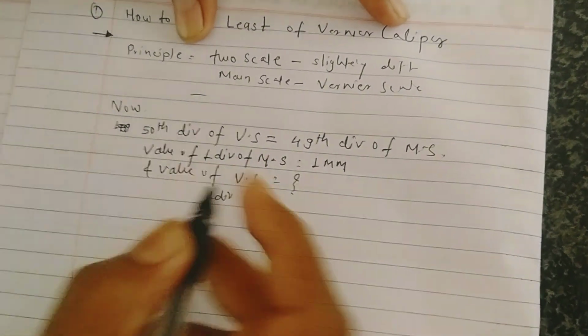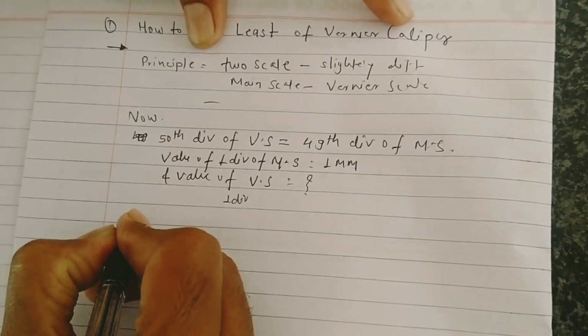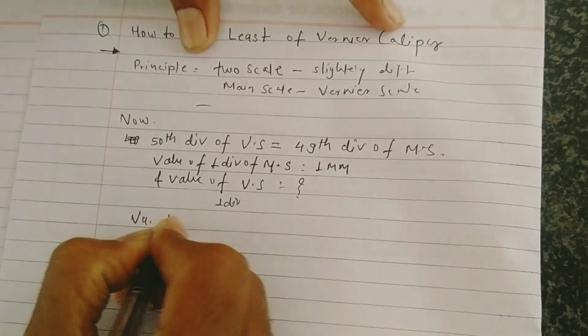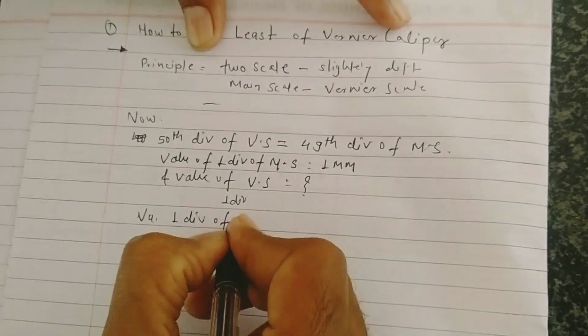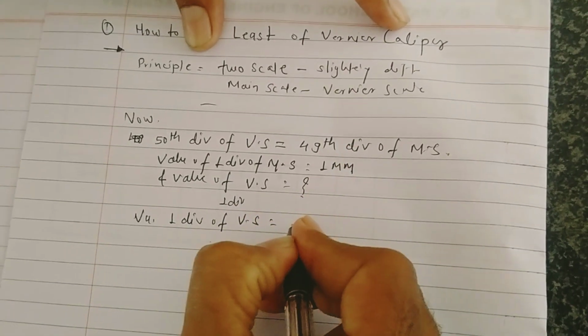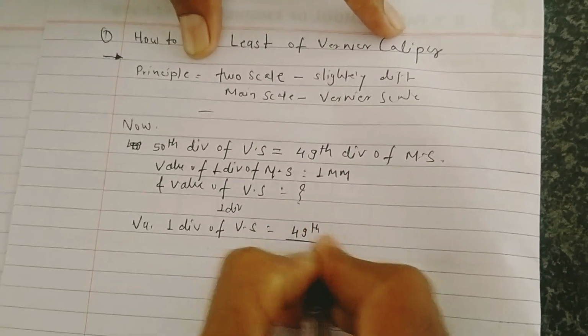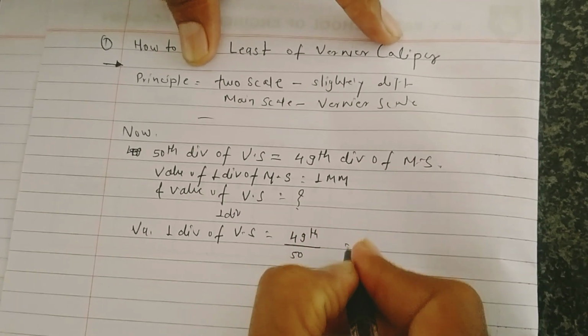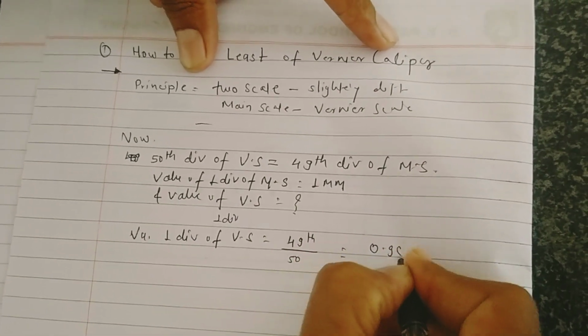So we can easily calculate. So value of one division of vernier scale is equal to 49 divided by 50, so it will become 0.98 mm.